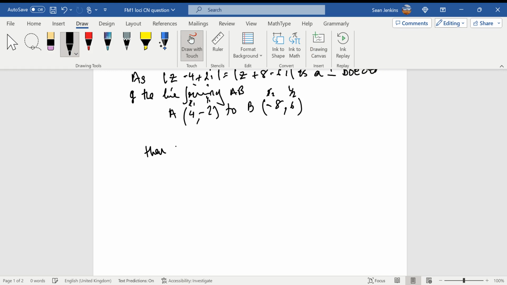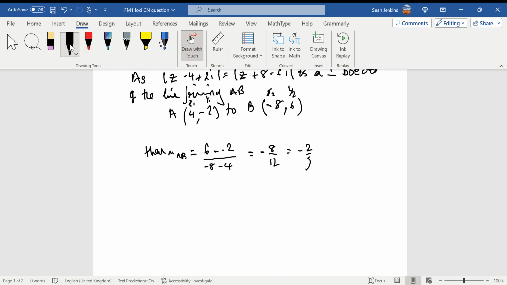Then m, the gradient of AB, must be equal to y2 minus y1, so 6 minus minus 2, over x2 minus x1, which is minus 8 minus 4, which of course is equal to minus 8 over 12, which is equal to minus 2/3.